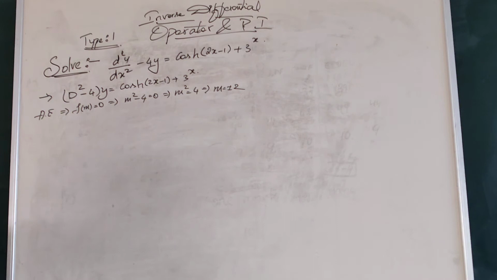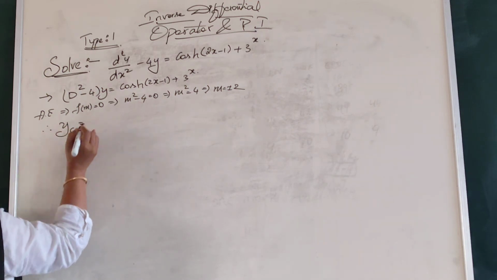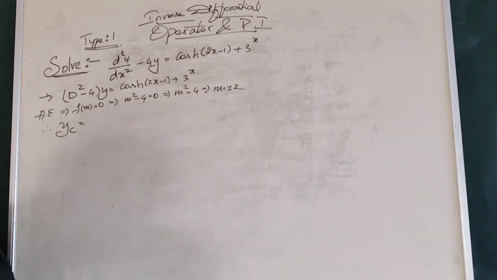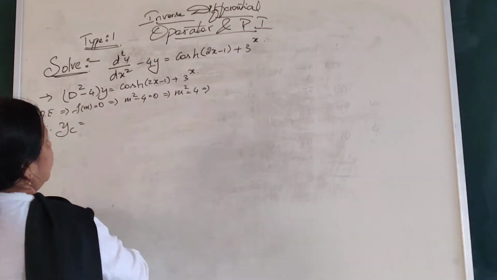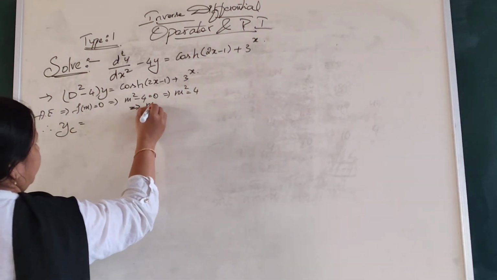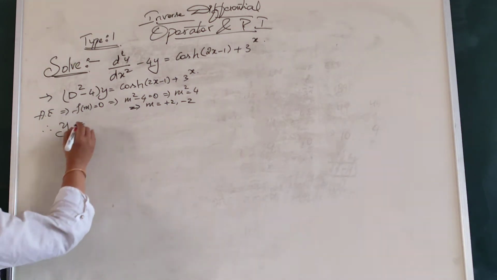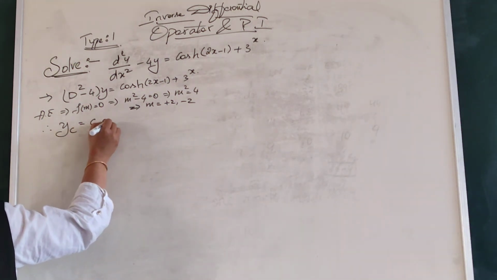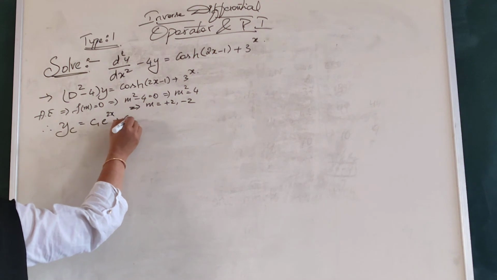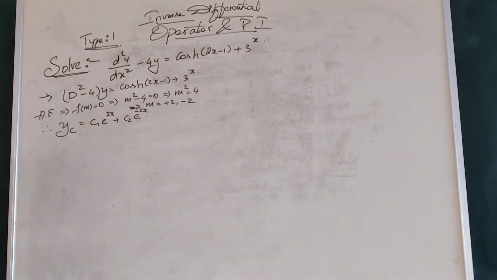As m is plus minus 2, therefore the complementary function yc is given by m equal to plus 2, minus 2, both the values, so unique roots. So c1 e power 2x plus c2 e to the power minus 2x. Got it? So this is the complementary function.